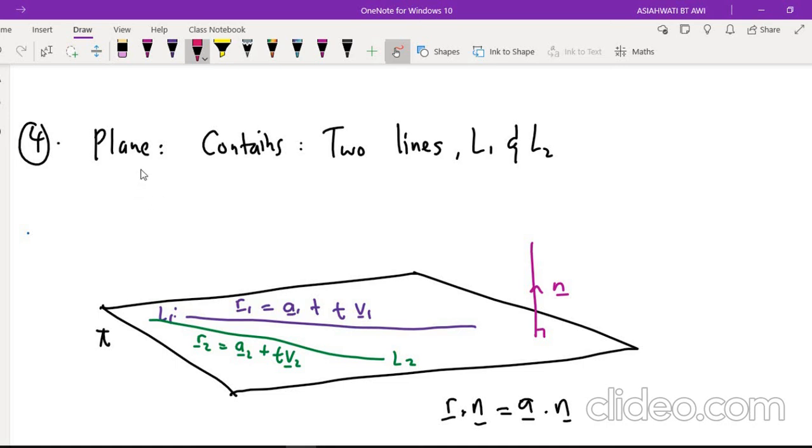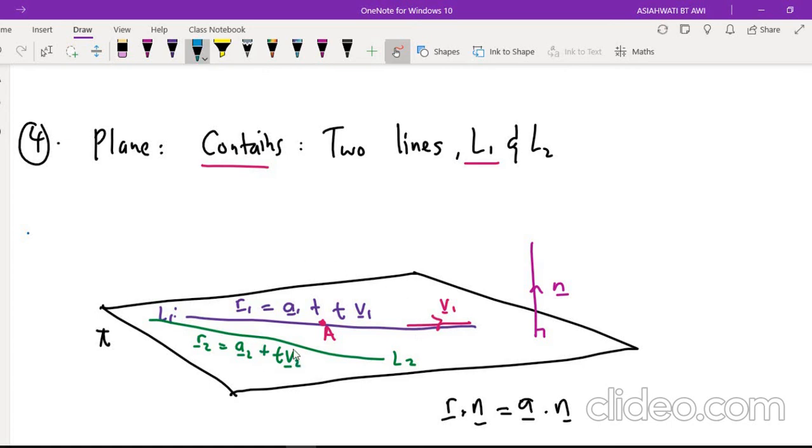Case 4: the plane contains two straight lines, L1 and L2. Find the equation of the plane. Just sketch this. L1 is r1 equals a1 plus tv1. For L1, there is a fixed point, let's say coordinate A, which lies on L1 and also on the plane because the plane contains the line. V1 gives direction to L1.